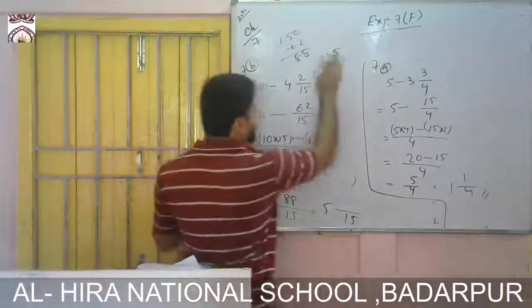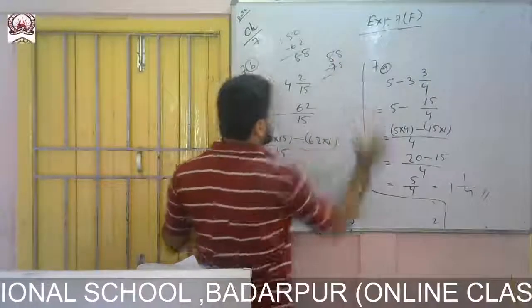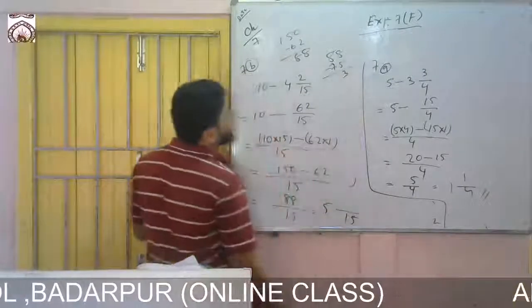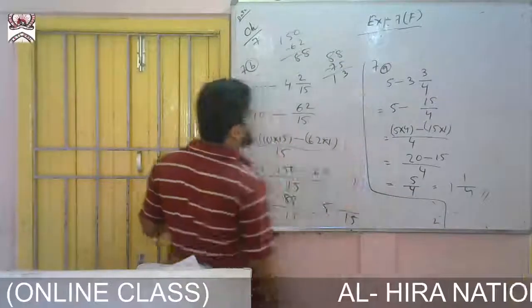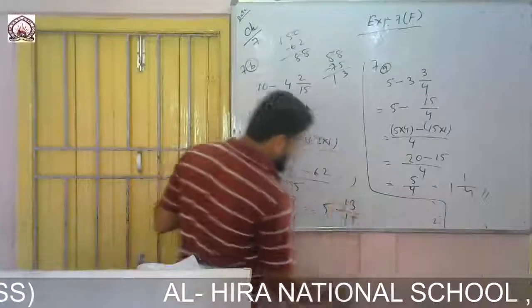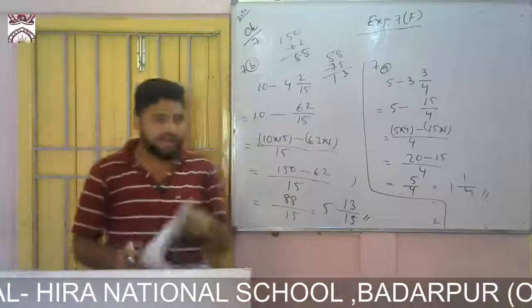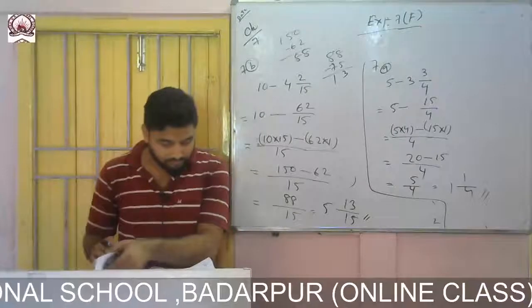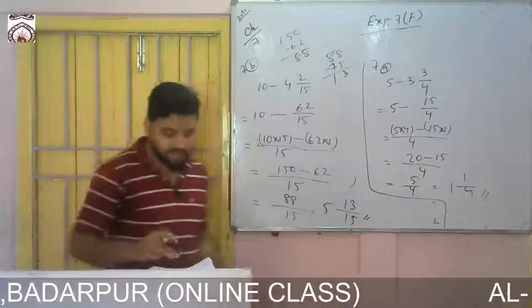So from 88 you subtract 75. 8 minus 5 is 3, and 8 minus 7 is 1. So 13. So 5 13 by 15. The answer is 5 13 by 15.